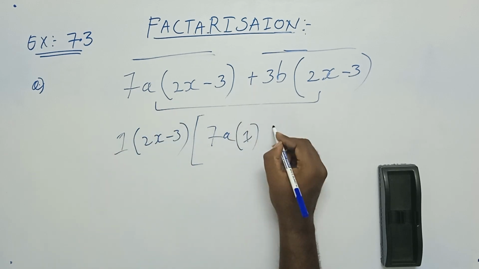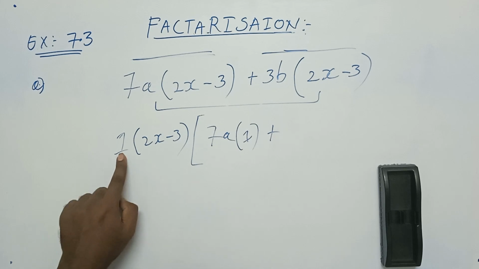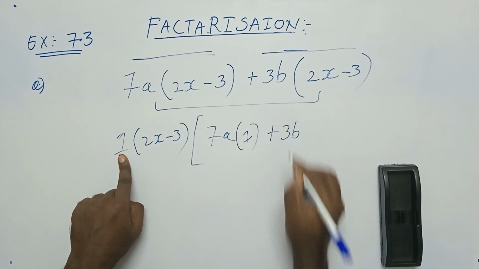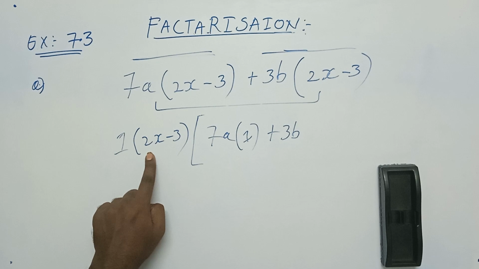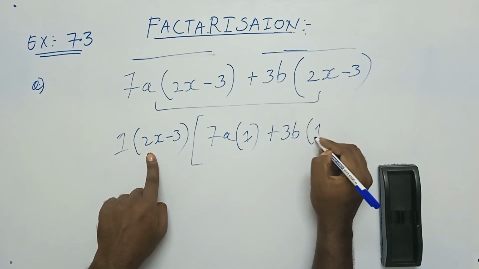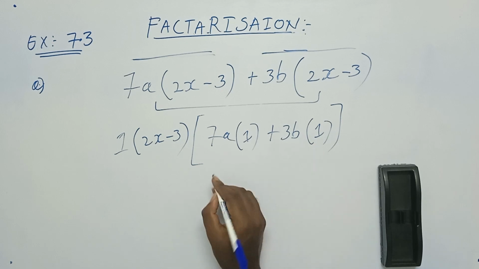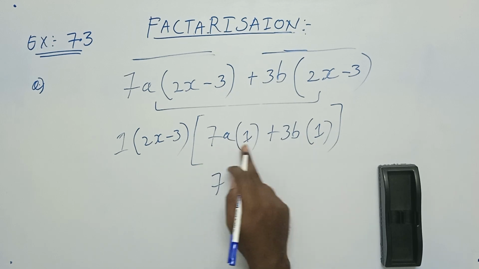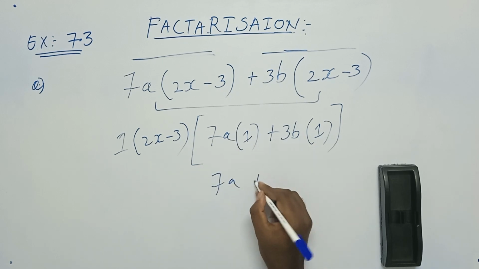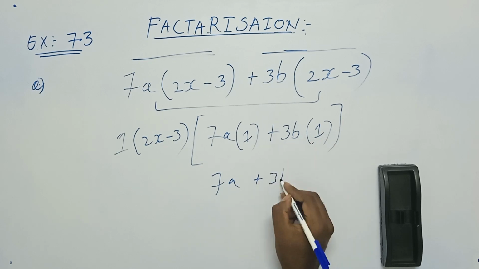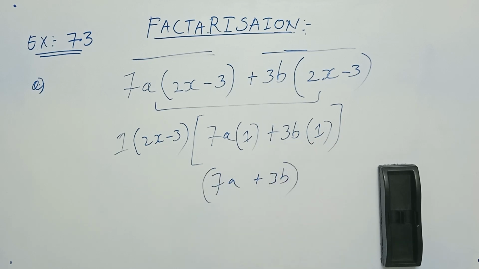We have a plus sign, we are keeping a plus sign. So 1 into 3b is 3b, (2x − 3) times 1 is (2x − 3), right? If we solve further, 7a times 1 is 7a plus 3b times 1 is 3b, right? So we got one factor.